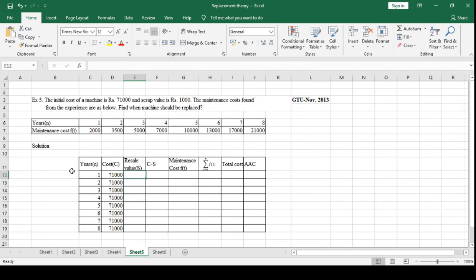Now resale value we need to write down. So instead of resale value, what is given to us? That is scrap value is given to us. And what is the value of scrap? That is 1,000. So we will write down 1,000 in each and every year.